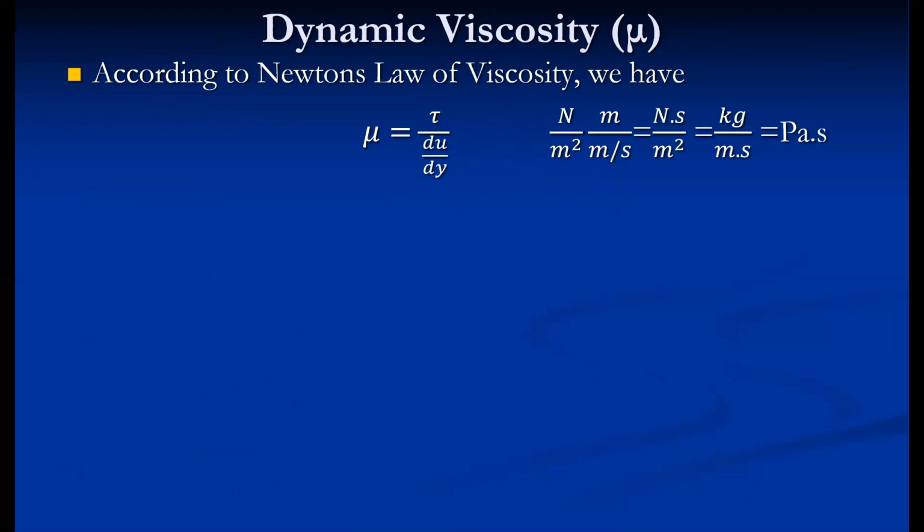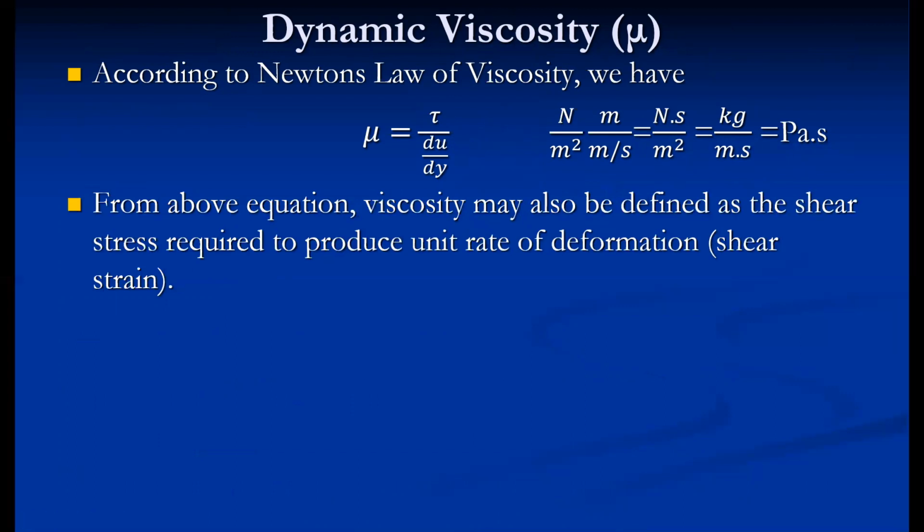According to Newton's law of viscosity, mu is equal to tau upon du by dy, and if you put the units of tau and du by dy, it comes to Pascal second, or Newton second per meter square, or kg per meter second. From the above equation, we can construct the definition of dynamic viscosity, because it is the ratio of shear stress to the rate of shear strain.